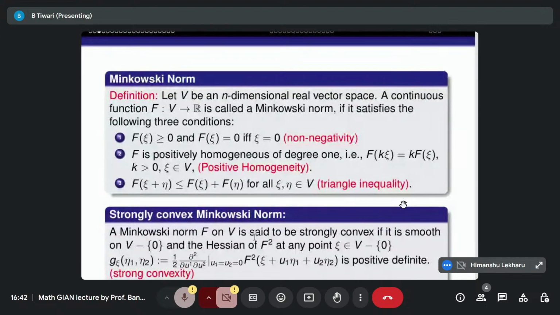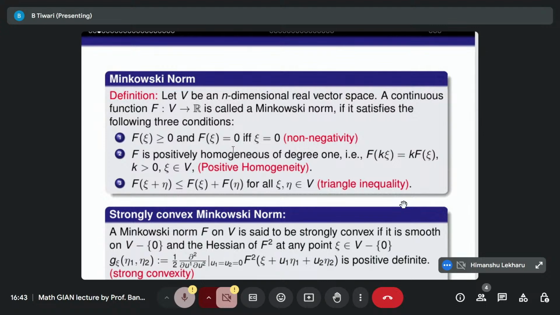A Minkowski norm on V is said to be strongly convex if it is smooth on V minus the zero vector, that is, the non-zero part of the vector space, and the Hessian of f squared at any non-zero point is positive definite, right? So this is called the strong convexity condition.